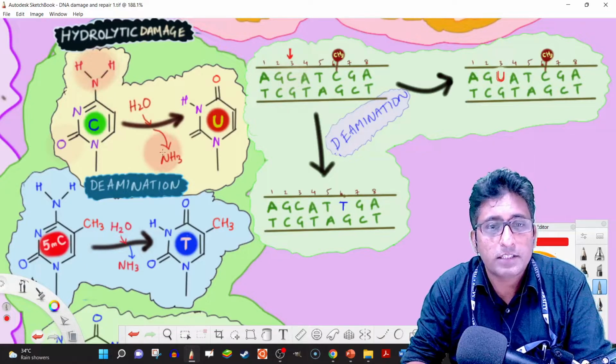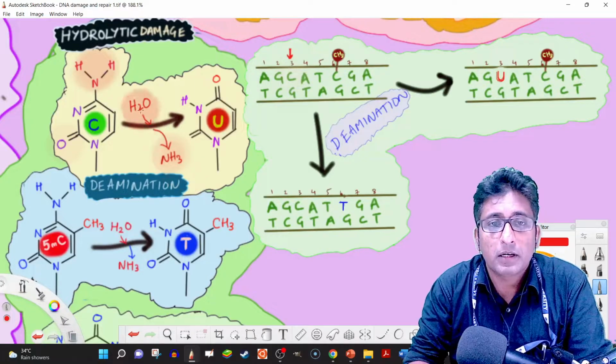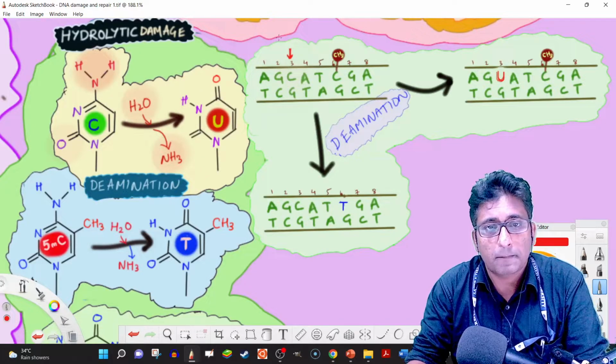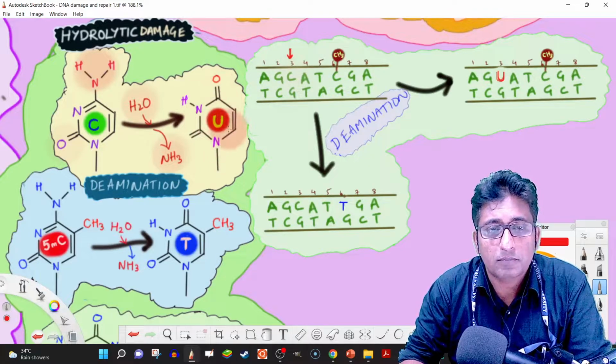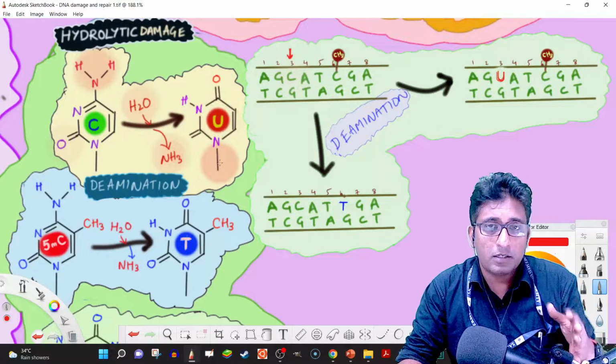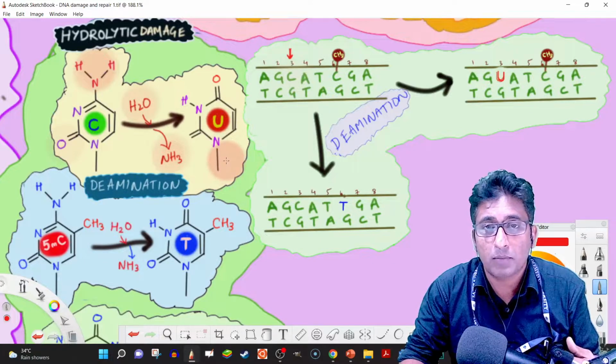That is called deamination, removal of the amino group as ammonia, and that is mediated by water. And as a result, it will end up forming uracil. So cytosine upon deamination forms uracil, and that is a problem.